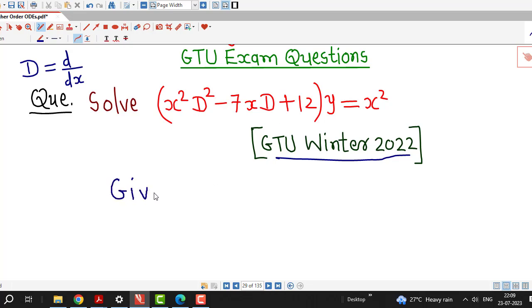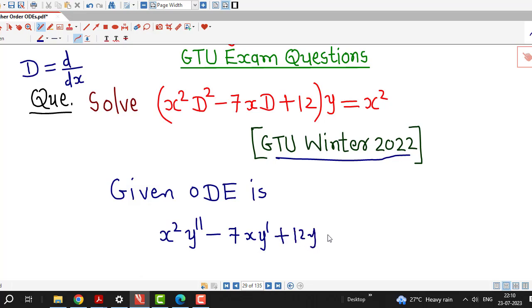So we can rewrite this differential equation as: x square times d square y, that is the second order derivative, minus 7x dy, that is y dash, plus 12y equal to x square, and we give this number 1.